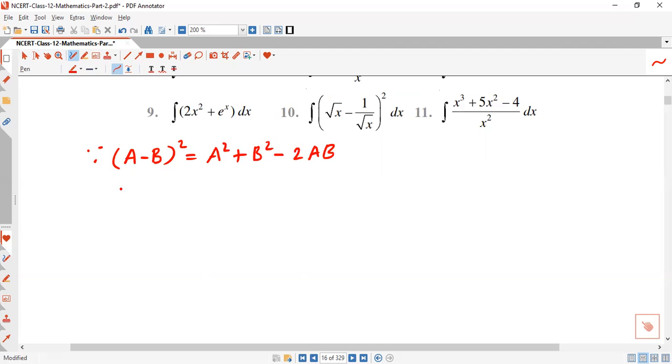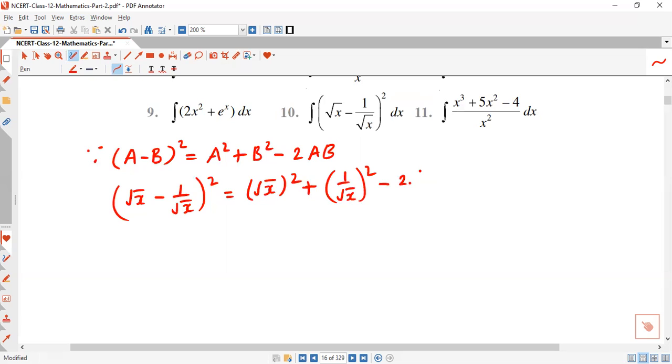If we apply this formula here, root x minus 1 upon root x, whole square, will be equal to root x square plus 1 upon root x square minus 2 root x into 1 upon root x. So this will come out as x plus 1 upon x minus 2.